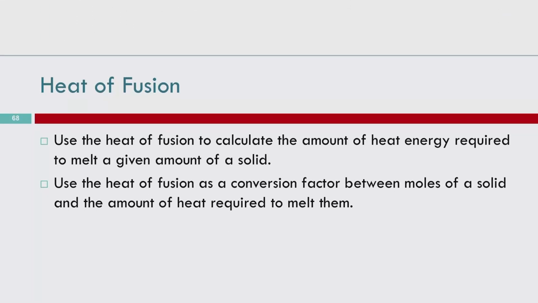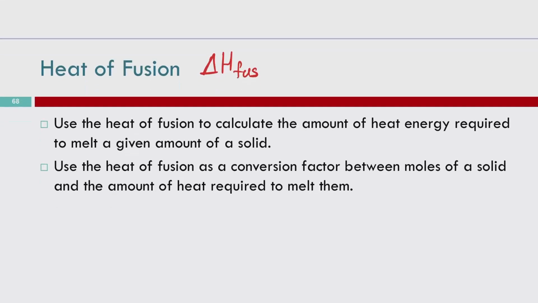Our heat of fusion, again, that's delta H with a little sub FUS for fusion, we can use to calculate the amount of heat, energy, joules or kilojoules typically, or calories. You can do it whenever you want.